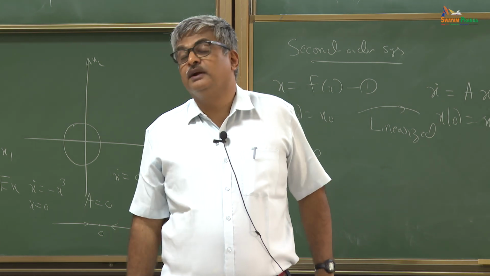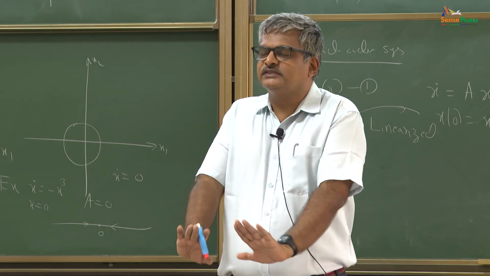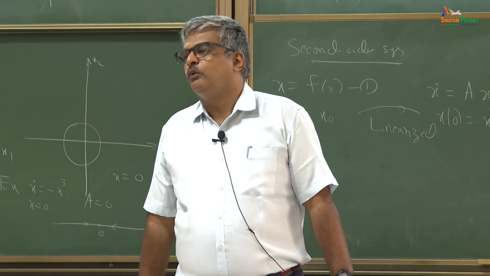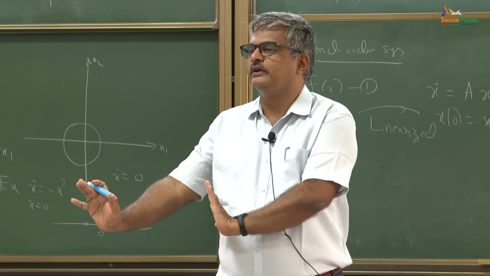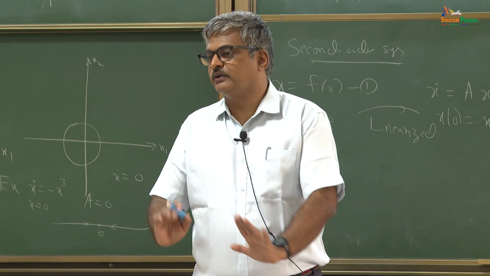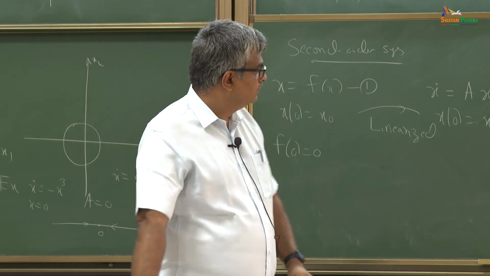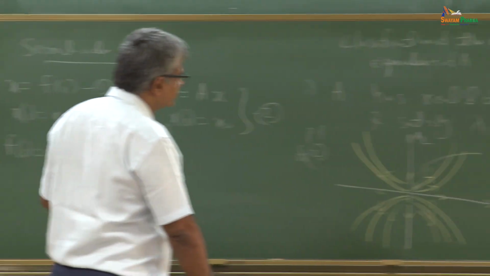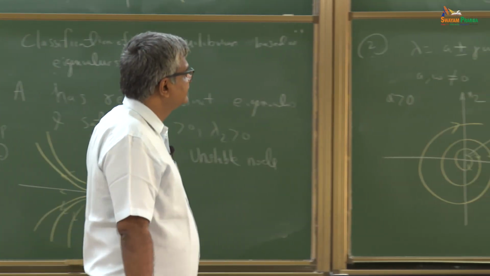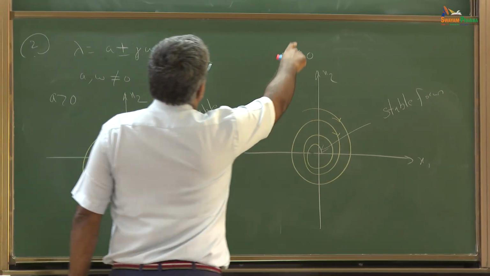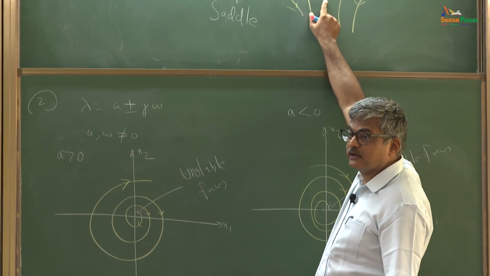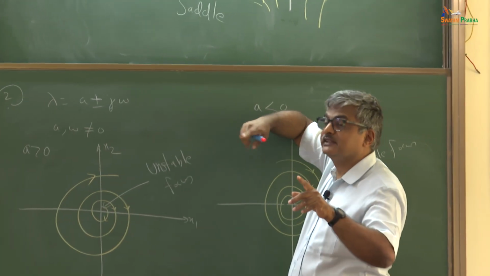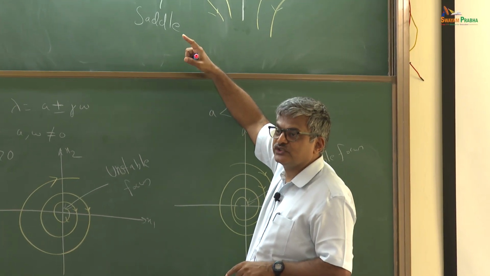It is unstable, but see, I have not still defined unstable, right? At this moment I can say that if you perturb it, it will go away from that point. It will escape from that. No, because in the saddle, there is also one subspace where the trajectories converge to the origin.